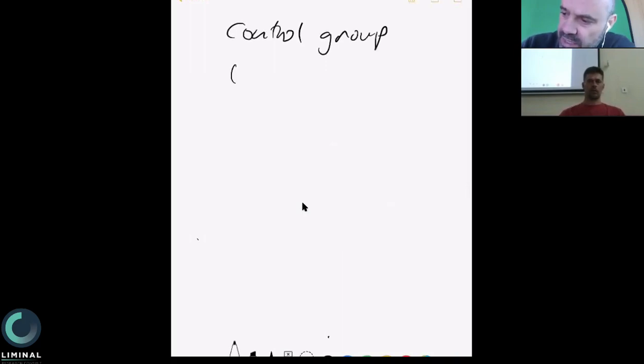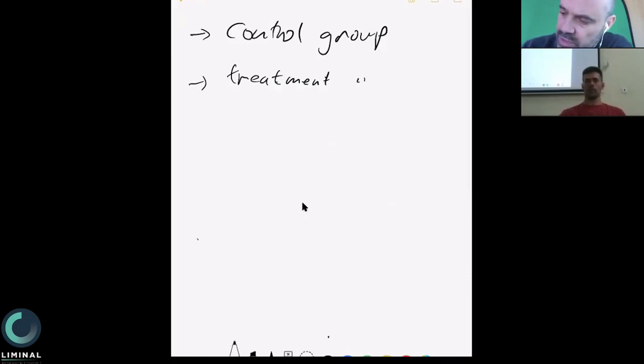And then you have the treatment group. The control group doesn't get the intervention. The treatment group gets the intervention. So the control group doesn't get chess instruction, and the treatment group gets the chess instruction, for instance.